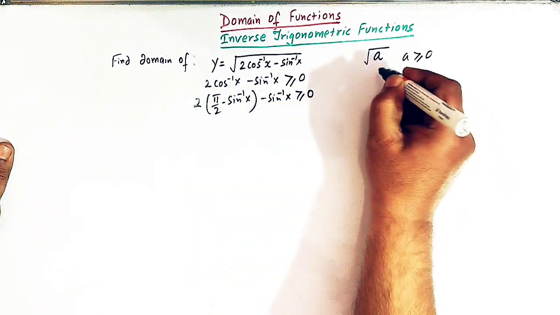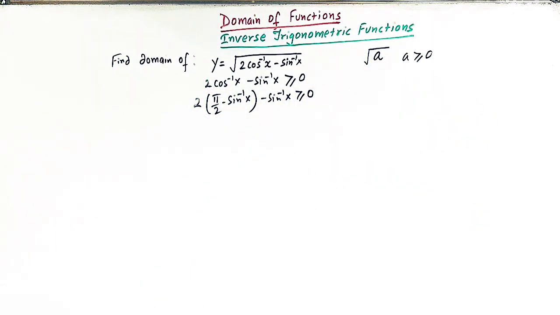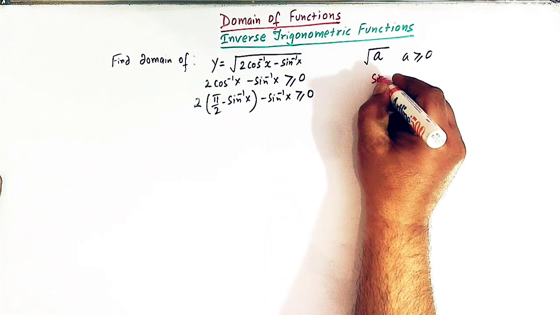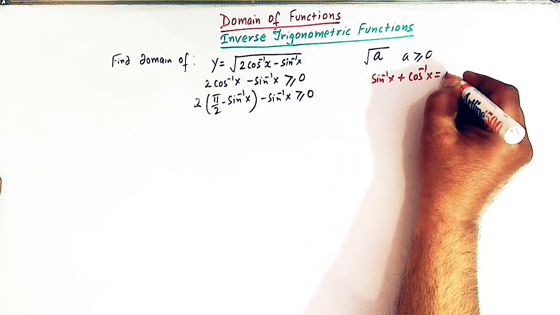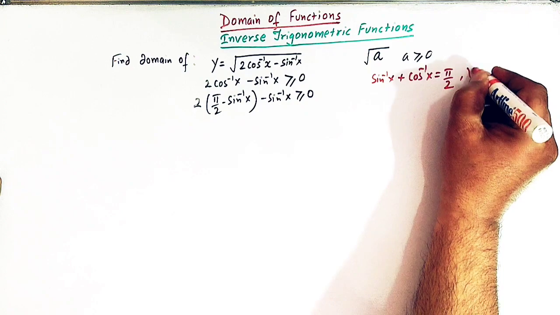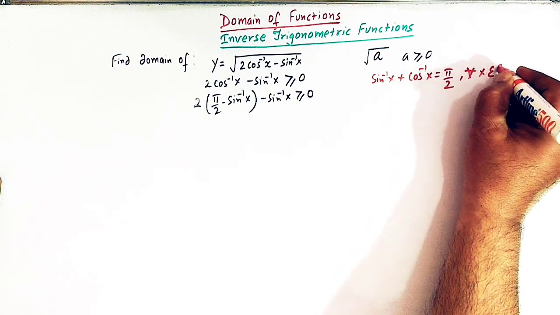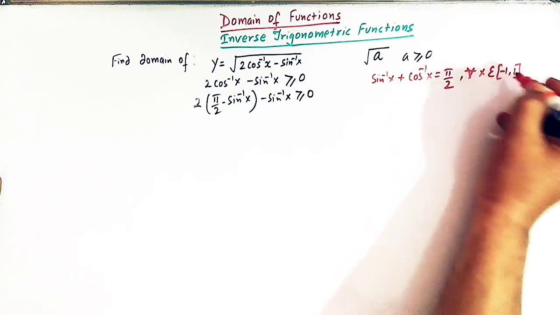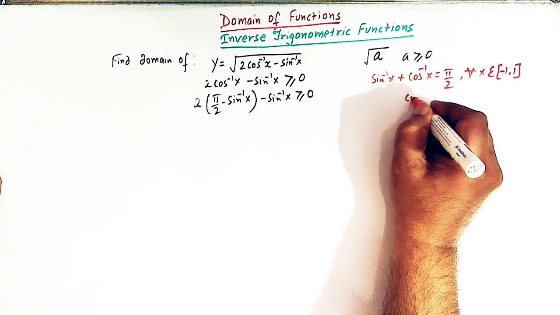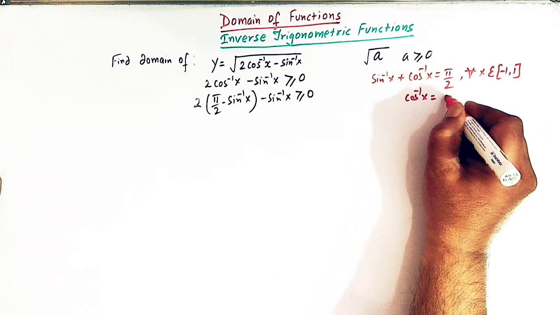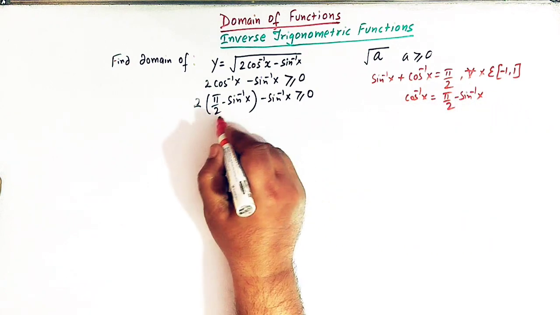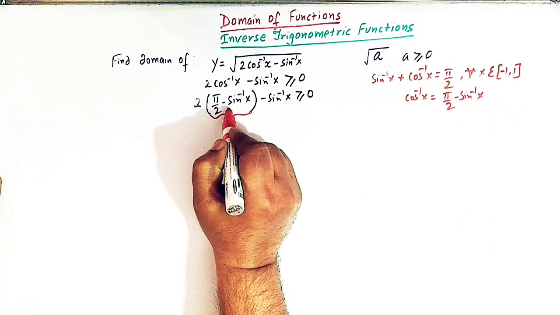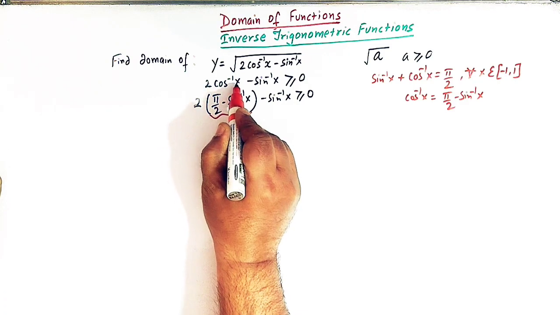Here we have used an important property of inverse trigonometric functions: sine inverse x plus cos inverse x is equal to pi by 2 for all values of x belonging to the interval minus 1 to 1. So we have written cos inverse x equal to pi by 2 minus sine inverse x.